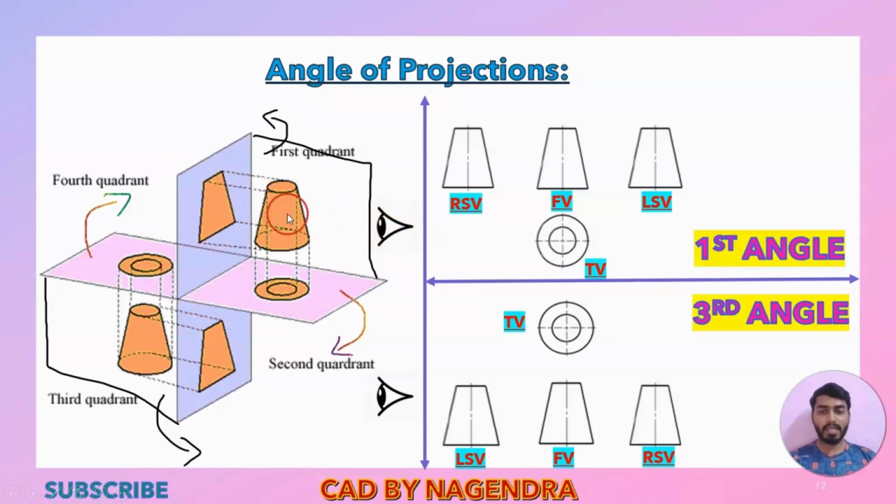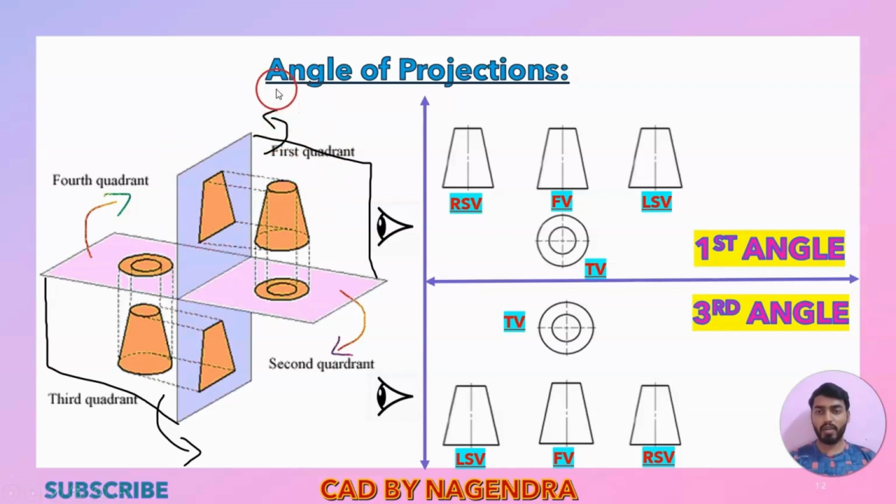Assume that we are seeing this object from here like this, and whatever shape we are able to see here, that shape will be projected onto this vertical plane.